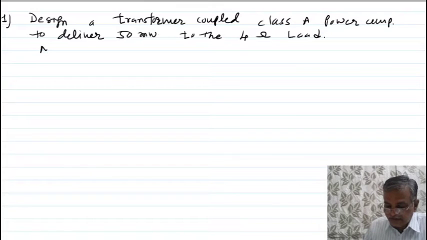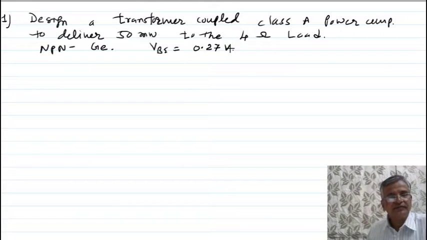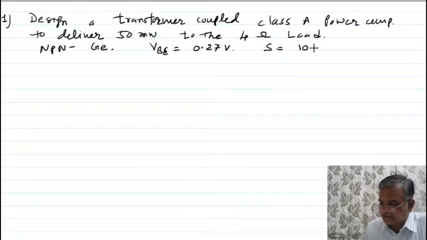You are using an NPN germanium transistor, whose VBE you take as 0.27 volt. This is given; you can take 0.3 volt also. And the stability factor for the circuit, take S as 10. Take the value of RE as 47 ohm.